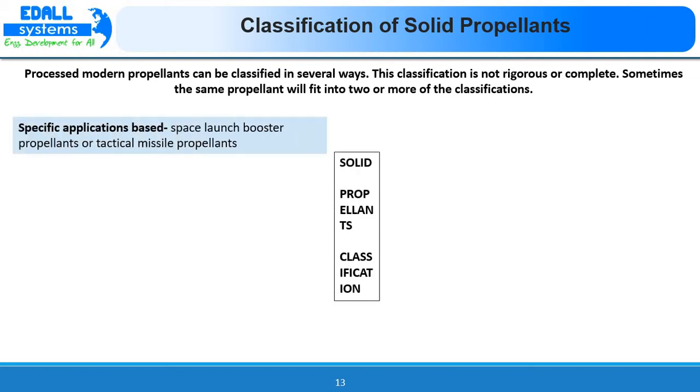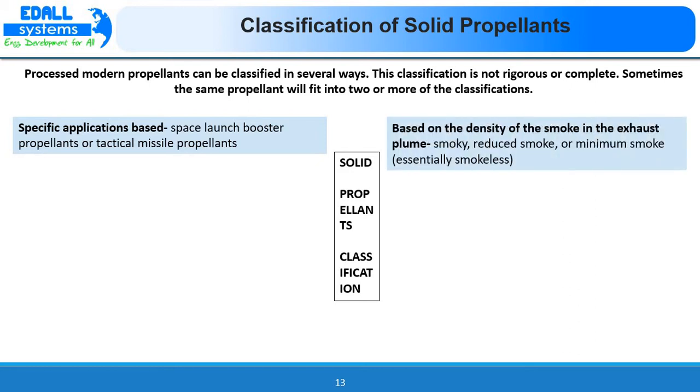First we will see specific application based, that is, space launch booster propellants or tactical missile propellants. So based on the applications where they are used, we can classify them, or based on the density of the smoke in the exhaust plume, we can classify them as smoky, reduced smoke, or minimum smoke, which we can essentially say is smokeless.